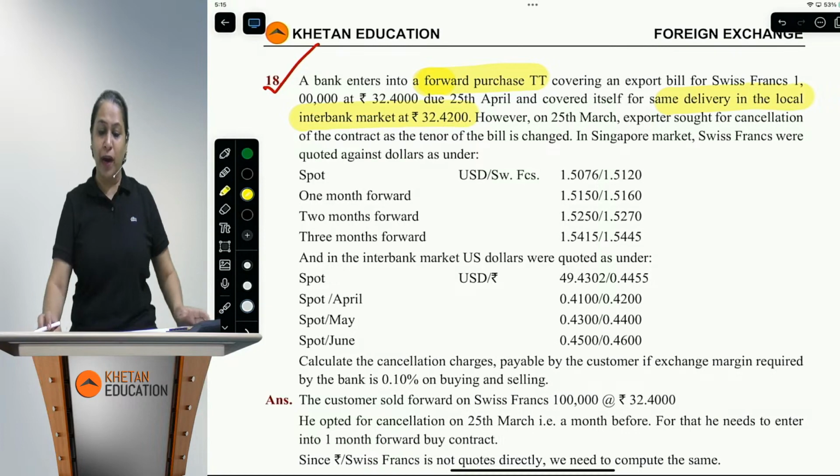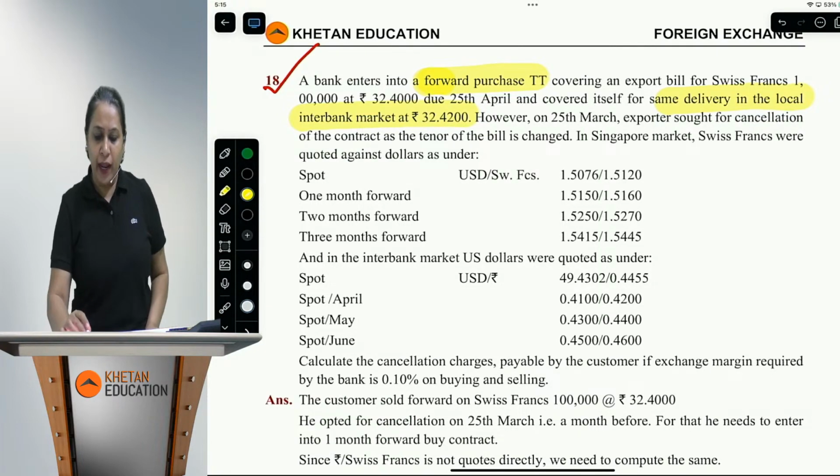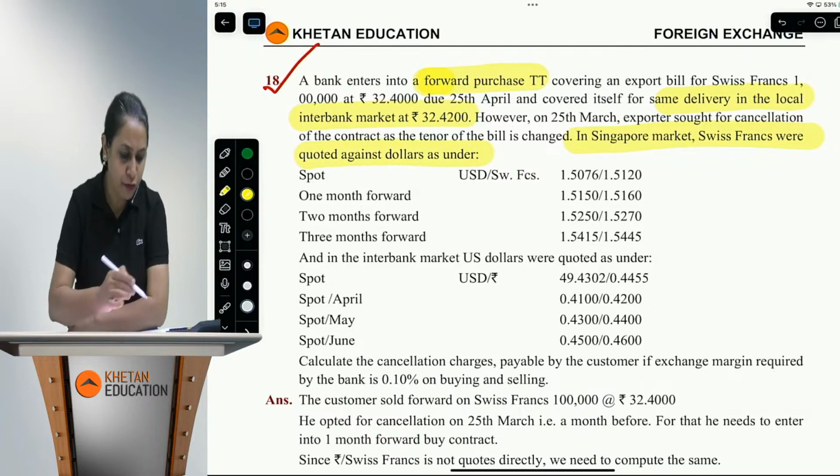However, on 25th of March, exactly 1 month before, the exporter sought cancellation of the contract as the tenor of the bill is changed. In Singapore market, Swiss francs were quoted against dollars as under. I think you did not focus on the question.